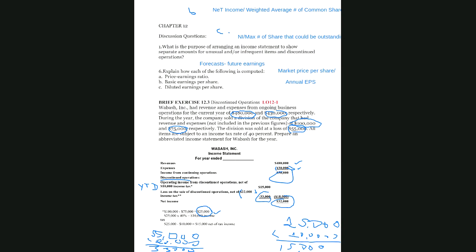I have a question. How come on a loss you get a tax benefit again? So what happens is we had a loss of $55,000. A loss is basically, let's treat it like an expense, because that's where it's going to appear on the income statement. What does a loss do to the net income of a corporation?